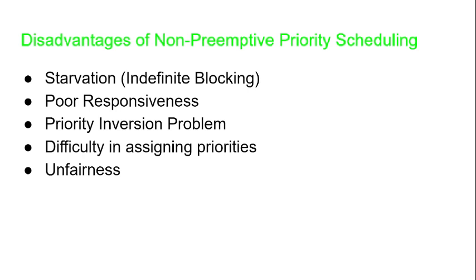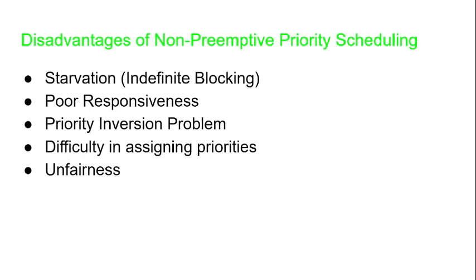Difficulty in assigning priority: it is often not straightforward to determine which process deserves higher priority. Unfairness: it may lead to situations where background or less important tasks are perpetually delayed.